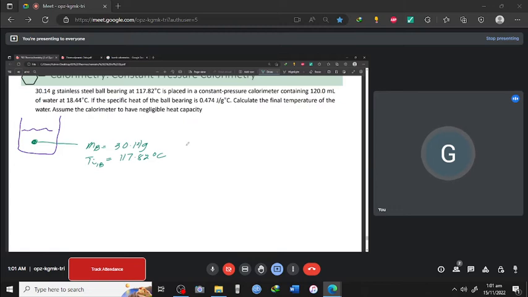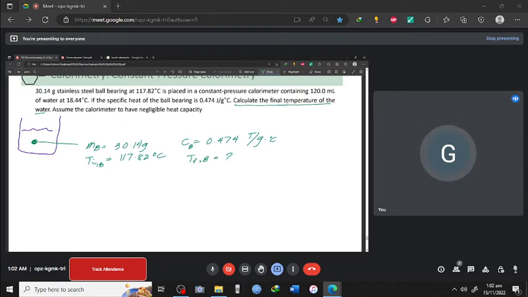And then lastly is yung specific heat ni ball, binigay na rin, that is CB. So yung specific heat ni ball is 0.474 joule per gram per degree Celsius. Okay? For the final temperature of the ball, yun yung pinapahanap based on the problem. So calculate the final temperature of the water.